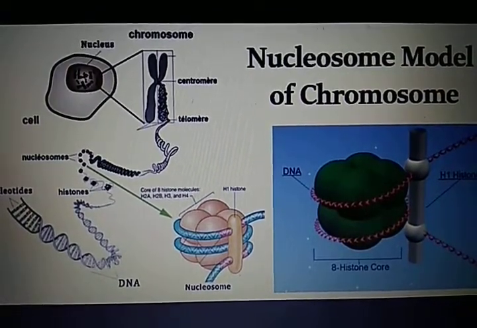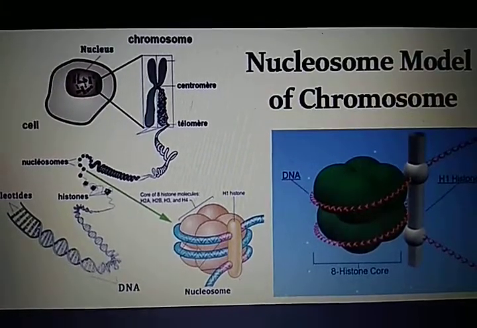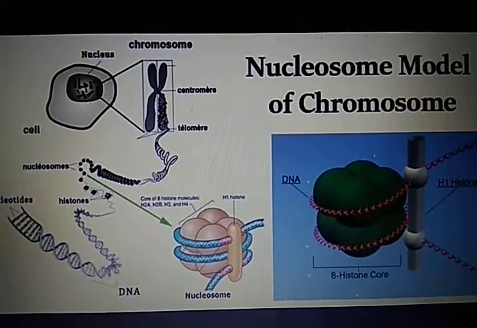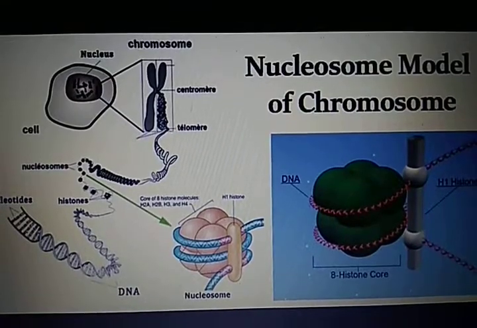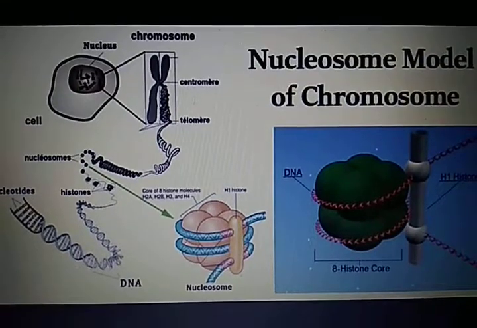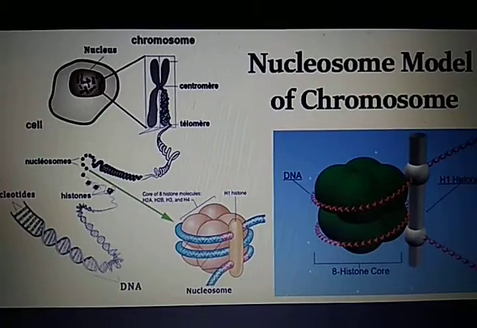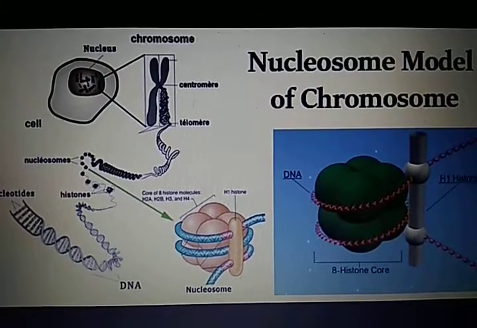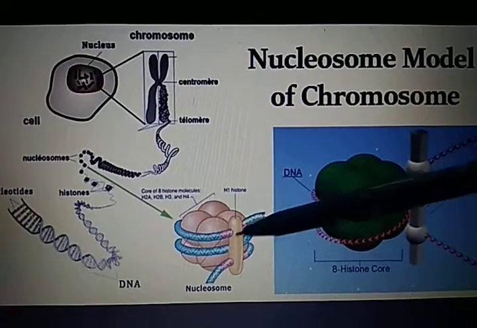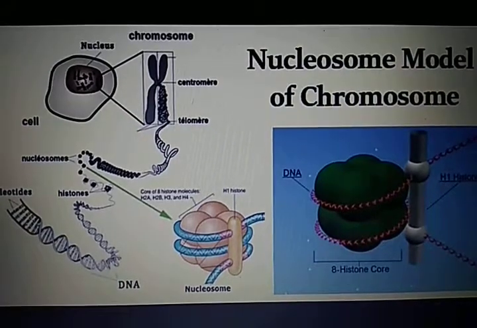I've earlier told you that the histone octamer consists of H2A, H2B, H3 and H4 in pair form. So there are 4 proteins in pair form, that is 8 proteins, and that's why it is known as octameric protein. This core particle and the linker DNA together form the nucleosome.